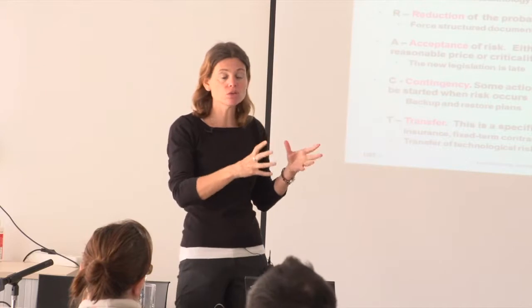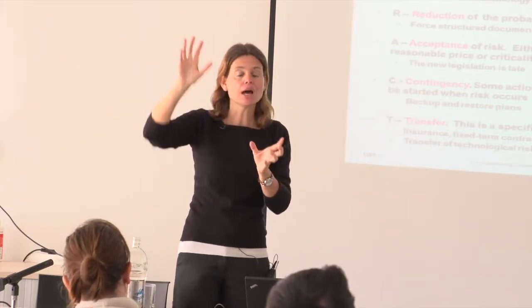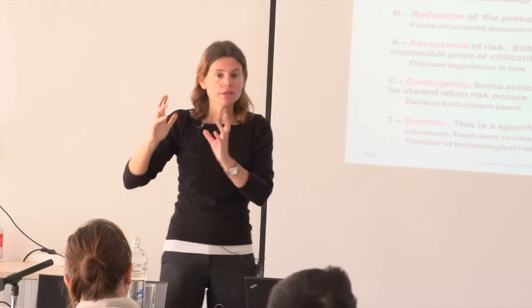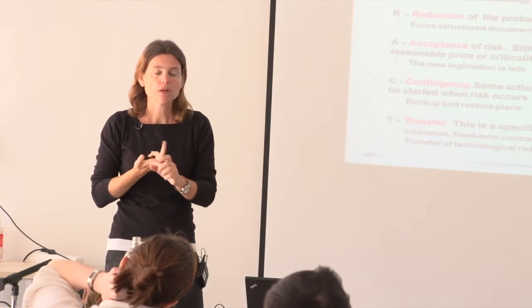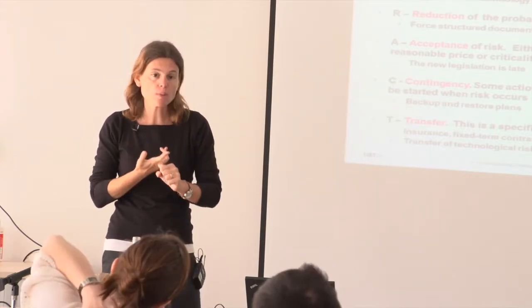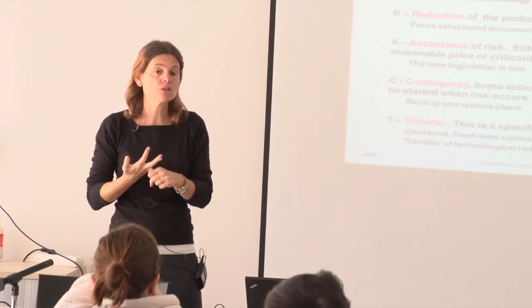If you have a risk, you say that risk is big. It's high up on my matrix. I need to do something about it. Then you consider: is there a way I can prevent that risk at all? Is there a way I can reduce its probability or reduce its impact? Is there a way I can do some contingency action?